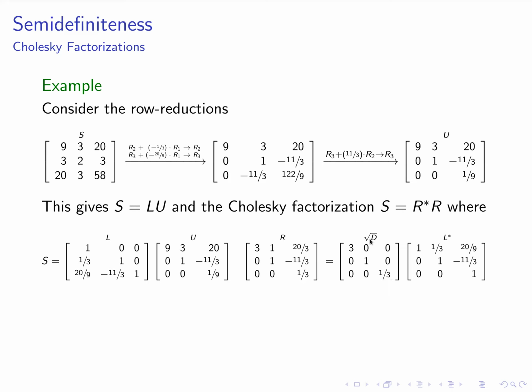If we now multiply this diagonal matrix root D times L star, we get our Cholesky factorization, where S is R star times R, where R is this product.